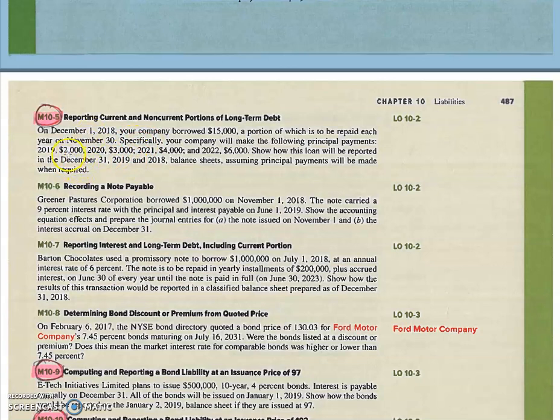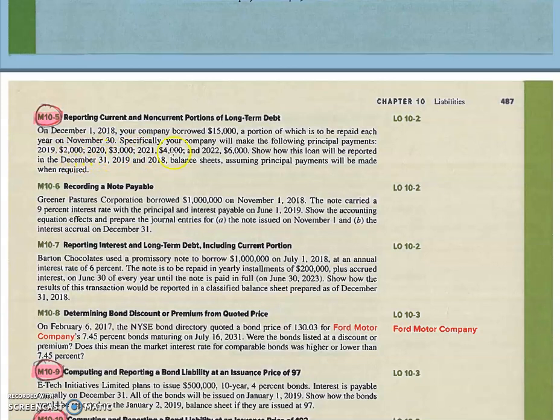So the current portion of long-term debt will be the $2,000 due November 30th of 2019. This is at the end of 2018, so that $2,000 is coming due within the upcoming year. So that's current portion of long-term debt. It's a current liability, $2,000.